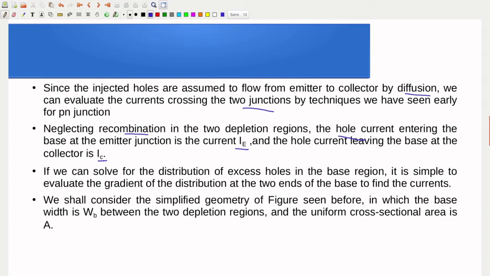And if we can solve the distribution of excess holes in the base region, it will be just a gradient of distribution. That is what we do in the derivation of finding terminal currents. So keep the figure that I had shown earlier in mind, where the base width is WB between two depletion regions, and the area of cross section is A throughout.